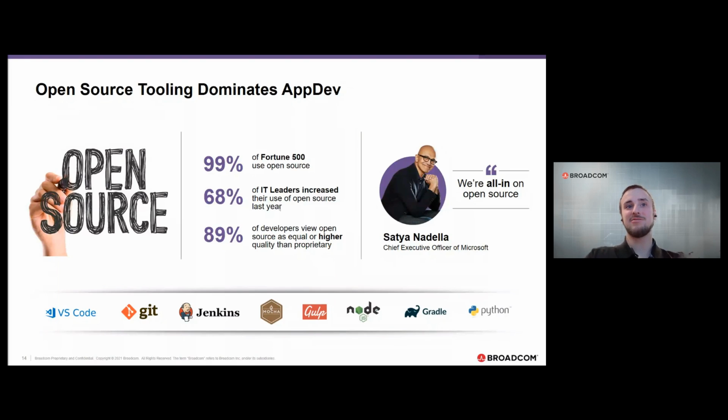And 89% of developers view open source as equal or higher quality than proprietary tools. And as a personal example, all the technologies on the bottom of the screen here, I use on a daily basis, and I'm leveraging them to develop mainframe and enterprise software.